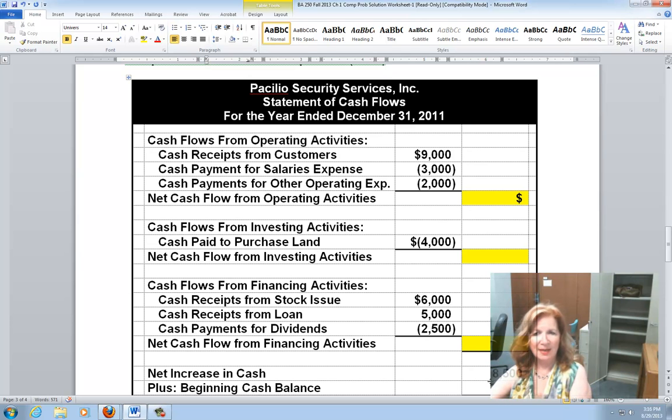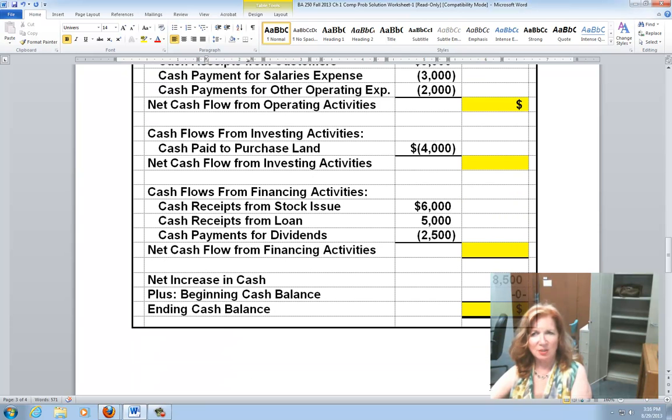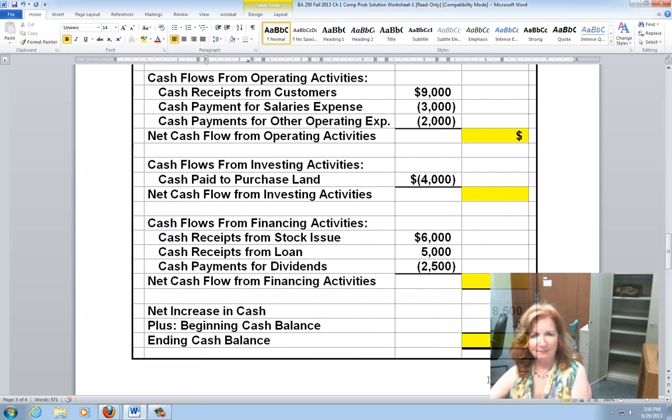Now, next we want to calculate, we have those three cash flows, so the sum of these three numbers should equal the $8,500 that is given to you as the net increase in cash flow.